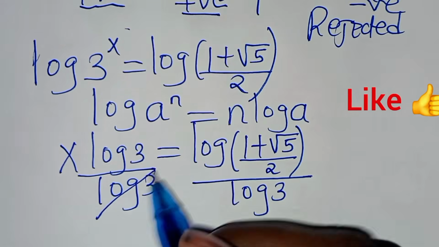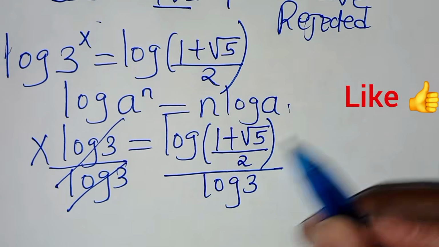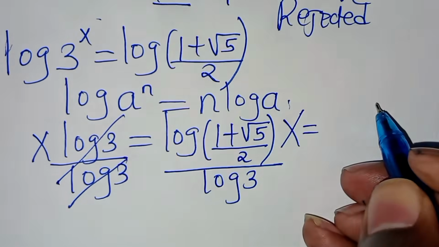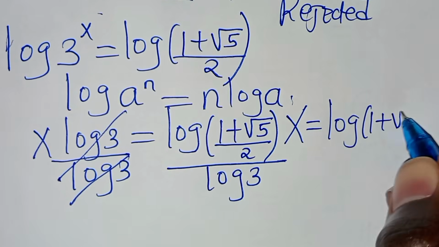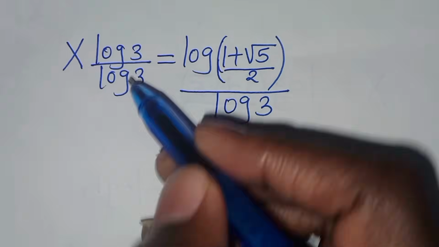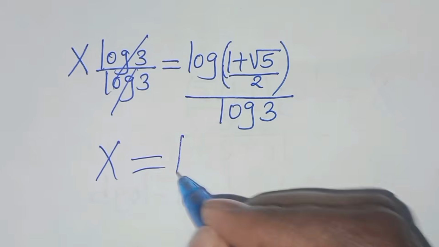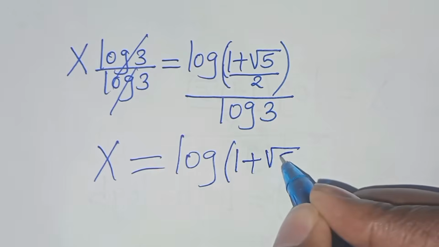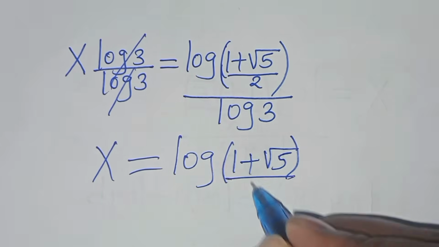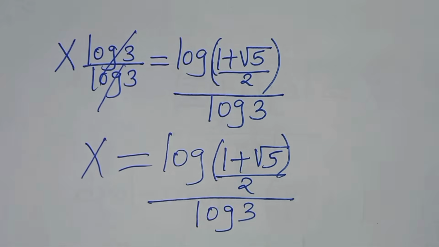Let's simplify here so that now we have x equal to log of (1 plus square root of 5), divided by 2, all over log 3, since log 3 and log 3 simplify.